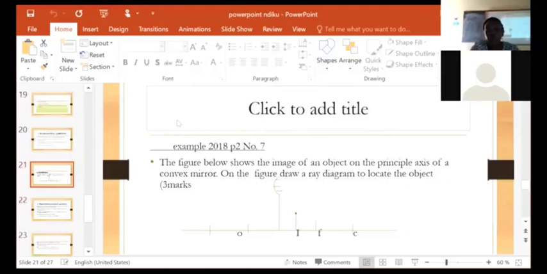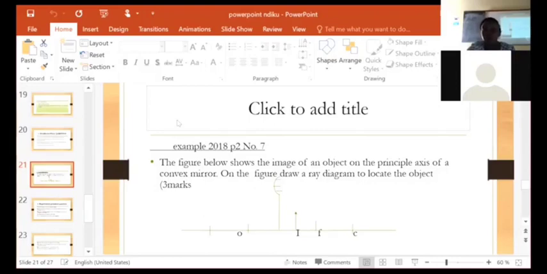On the ray diagram, you can have an example of a question. The figure below shows an image of an object on the principal axis in a convex mirror. On the figure, draw a ray diagram to locate the object. When we are drawing the rays here, the rays must be drawn with broken lines where they are virtual. When we are drawing the rays, if they are real, they must be continuous.